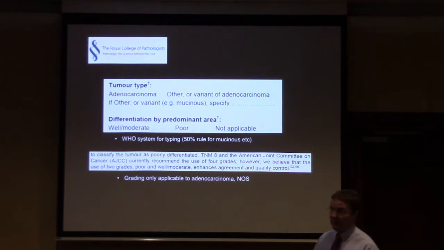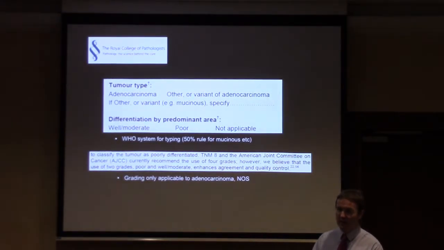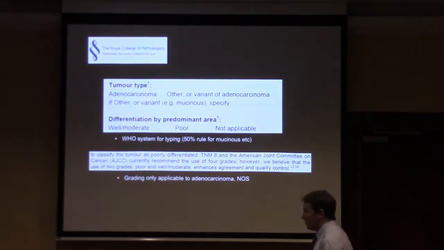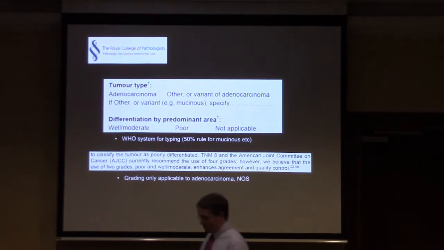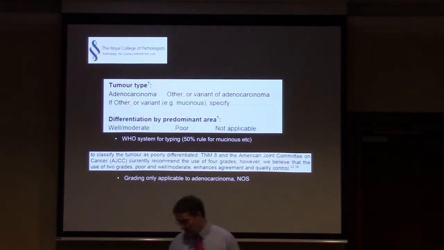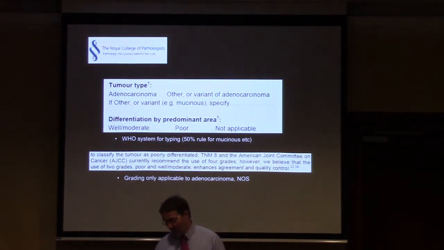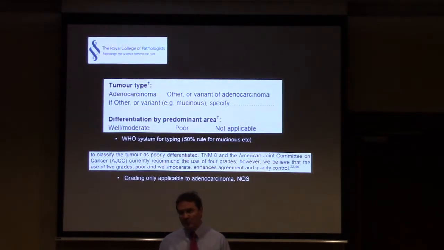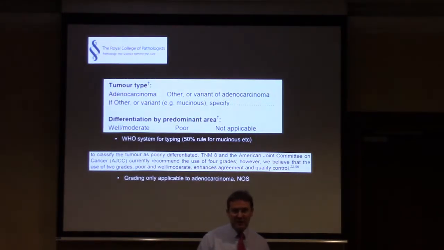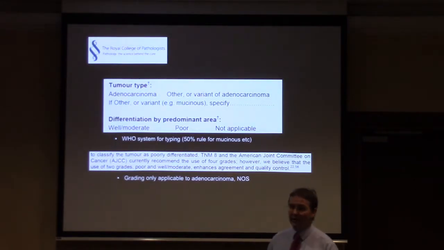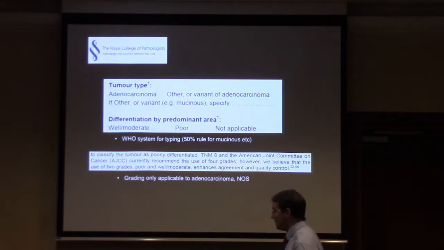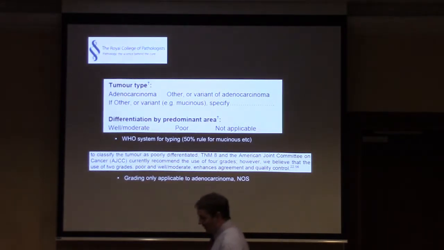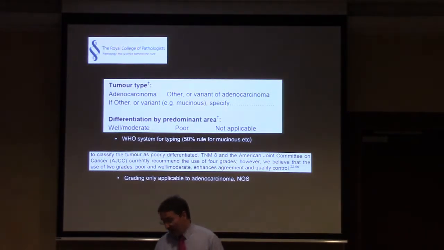So not infrequently we see a tumour with a component that's just conventional adenocarcinoma and a component that's mucinous, and it should have 50% extracellular mucin to qualify for calling it a mucinous carcinoma with the connotations that go with that. The important point is that the differentiation grading is really only applicable to the adenocarcinoma NOS category. So strictly speaking, in a mucinous carcinoma, grading and differentiation doesn't actually add anything.